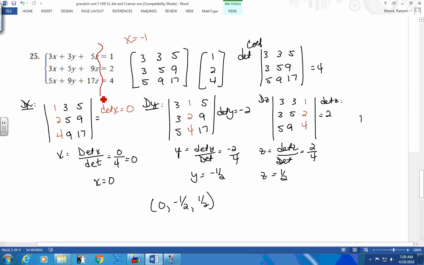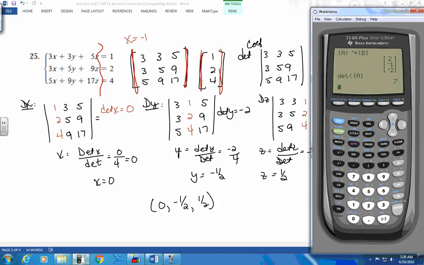Coefficients, constant. So you make your matrix. We're going to find the determinant, so we use bars. Now, what you want to do is take the determinant of your coefficient matrix. How we get a determinant is you plug in a matrix. I have a 3 by 3. This 3 by 3 has to be a square.